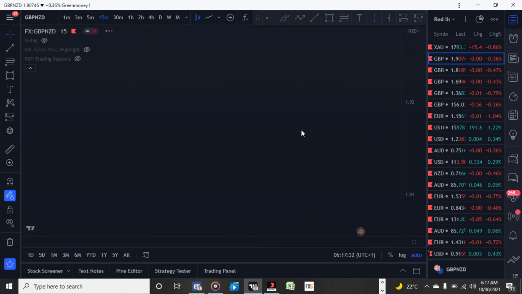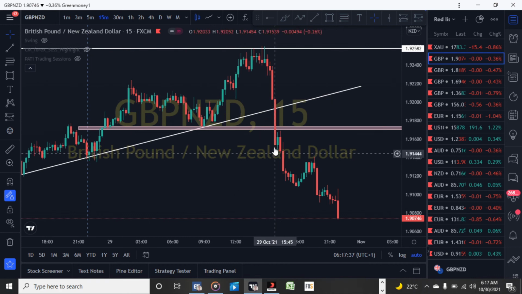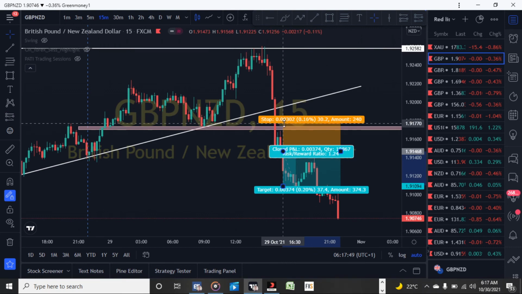I was planning this as my entry point right here. Beautiful setup here, which I missed.